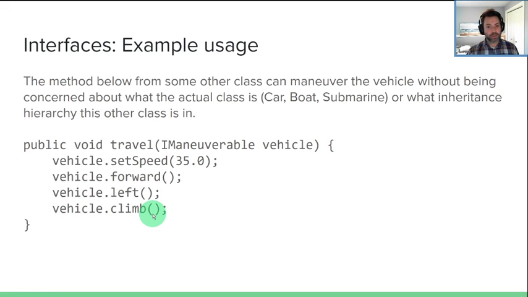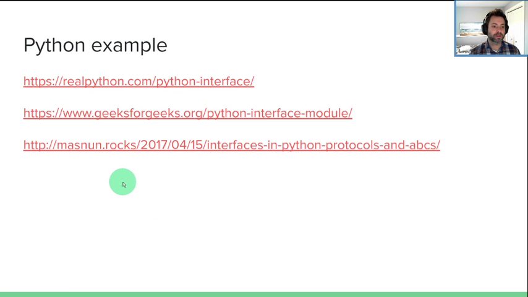So think of a vehicle simulator where a car's going at 35 miles an hour, very slow because let's pretend the camera's pulled way back. 35 miles an hour, go forward, turn left, start climbing. I've specified a path for this car to go. I could replace the vehicle with boat, with plane, and it's going to be the exact same set of function calls, right?